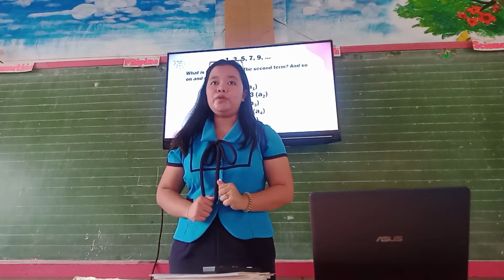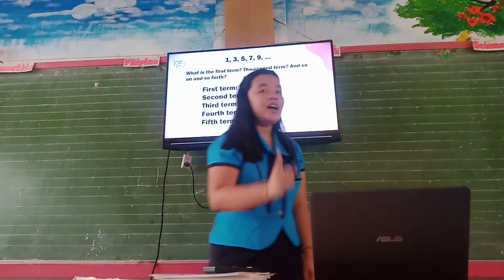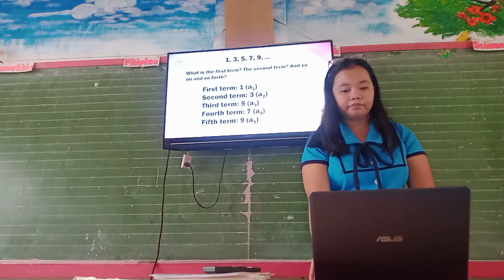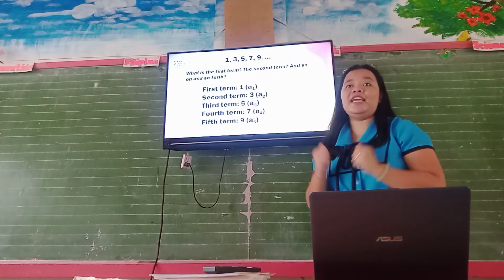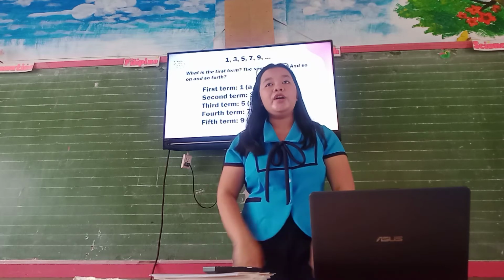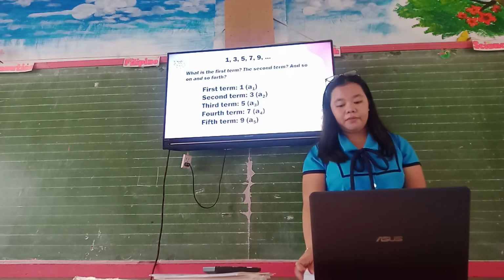How are we going to do that? Do you think a formula would help? Yes, very good. We definitely should find a formula in order to find any term of an arithmetic sequence.